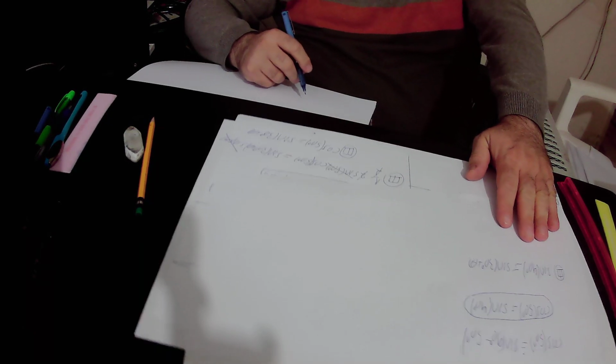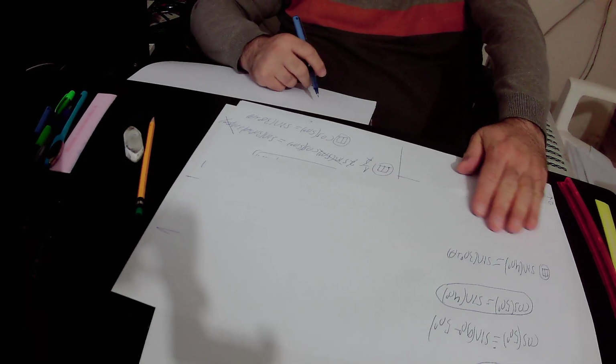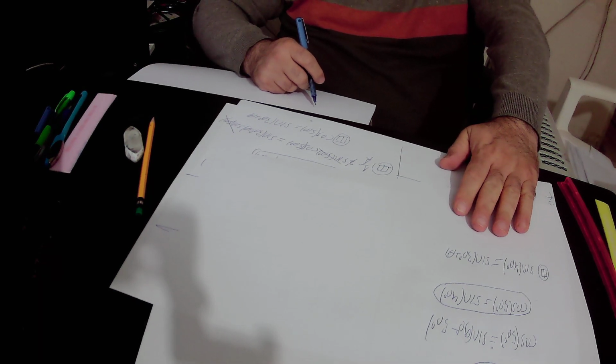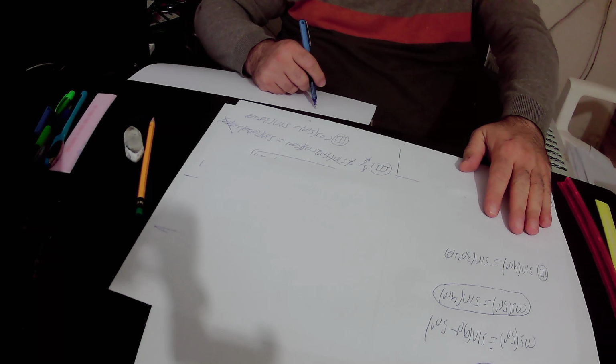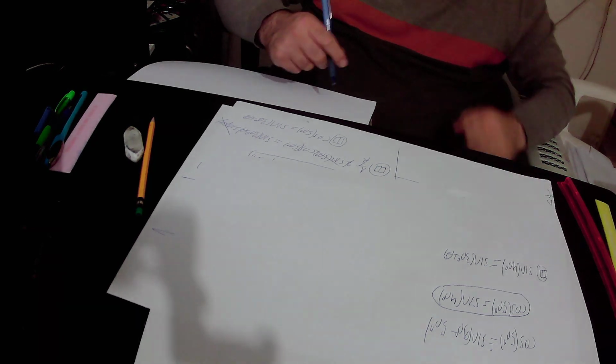From the fact that sine 40 degrees equals sine 30 degrees plus theta, we will derive that 40 degrees equals 30 degrees plus theta.